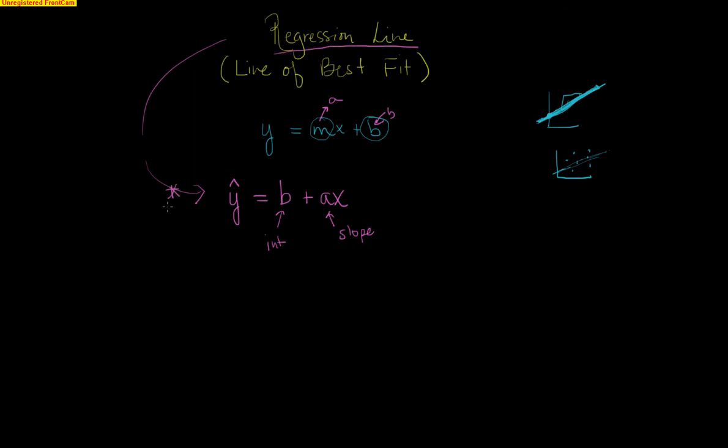All right, so we have a few formulas here for finding a and b, because if we know the slope and the intercept, we can find the equation of this regression line. So here's a couple of formulas for you. To find a, we need to take the correlation coefficient and multiply it by the standard deviation of y divided by the standard deviation of x.